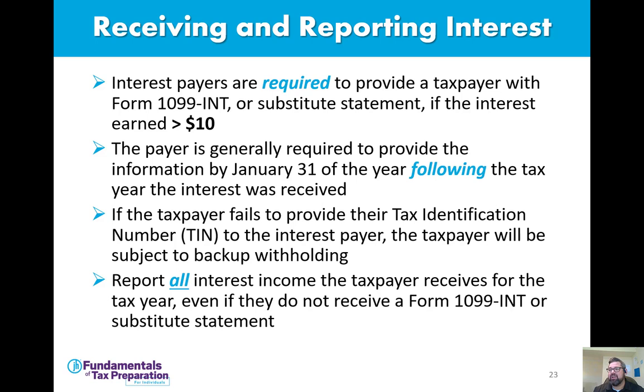That's not true. It's just that the payer of the interest does not have to issue a 1099-INT form for anything less than $10. Okay, and this information does have to be provided by the interest payer by January 31st of the following tax year, in order for people to do their taxes.